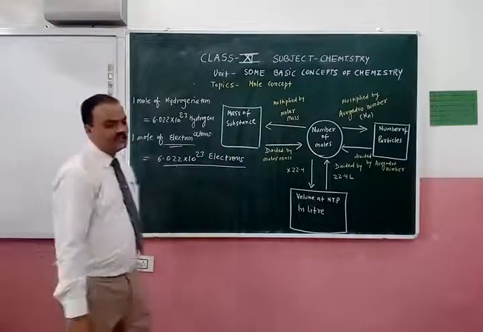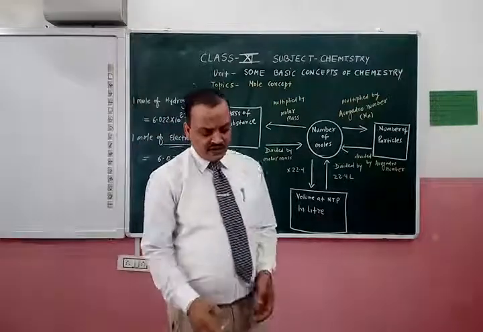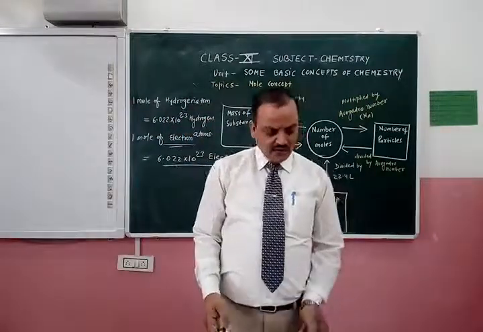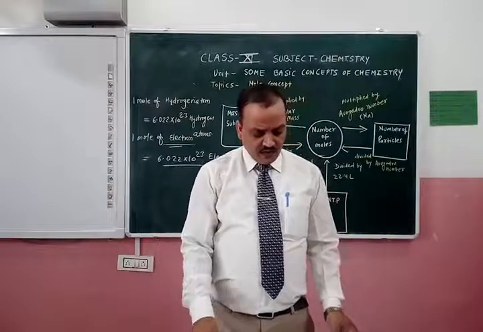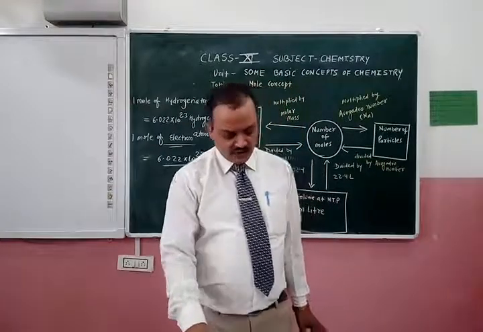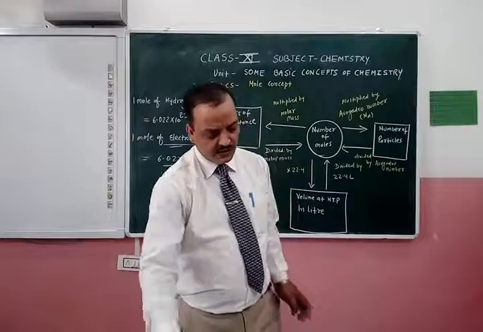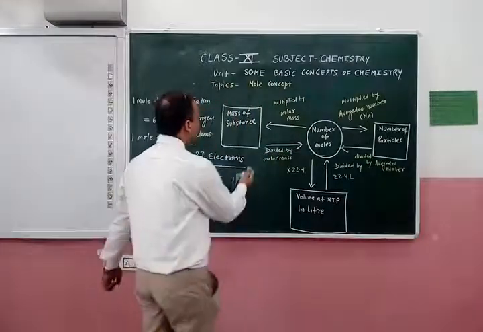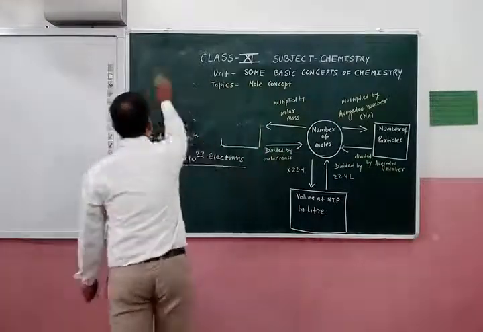So this is the mole quantity which we have, and now we have a very simple question related to this particular mole concept. We will solve this question on the board.